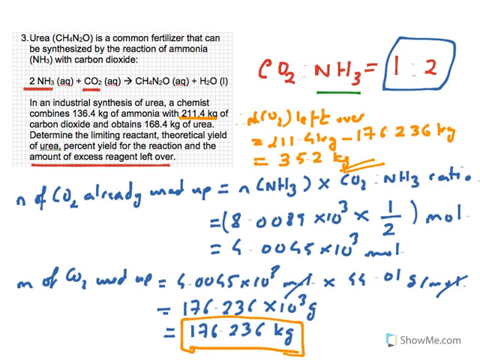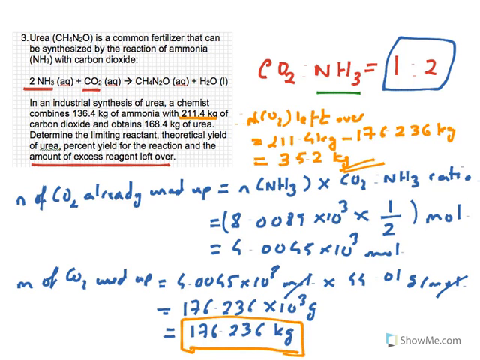Now, if we look back into the question, we will see that we have found out all the information that the question has asked us to find out. Once again, as an overview for solving stoichiometry questions, we check if the equation given is balanced, then we organize every single bit of information in the form of a table, and then we figure out the limiting reactant, the excess reactant, and the moles of the product.